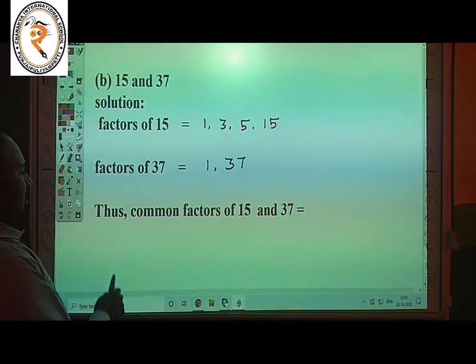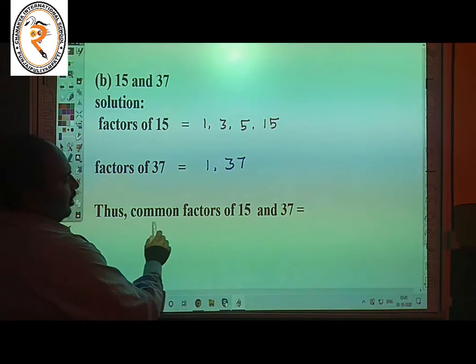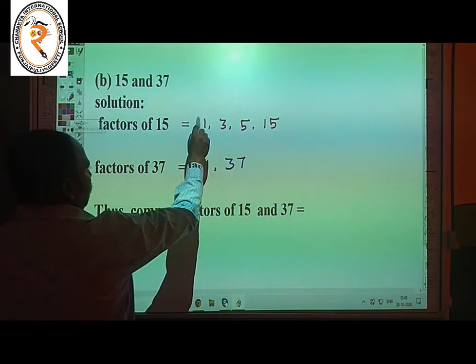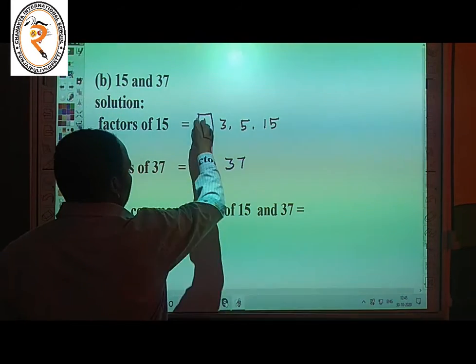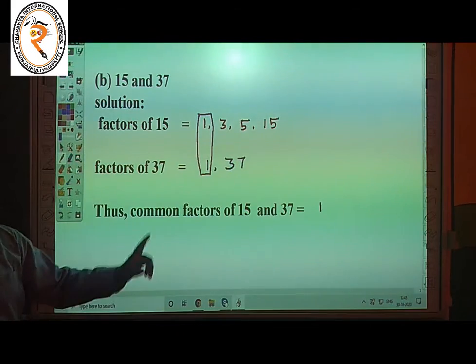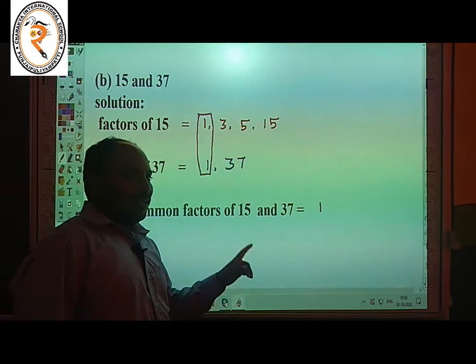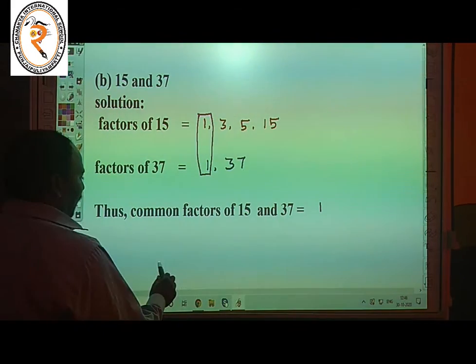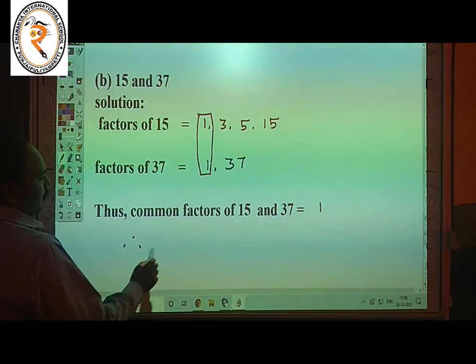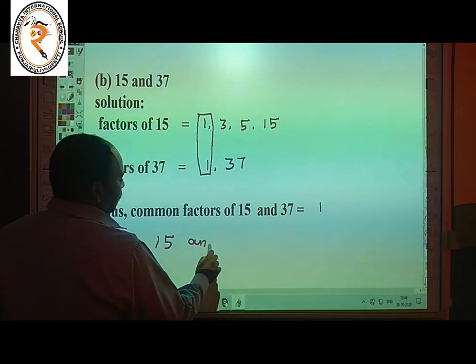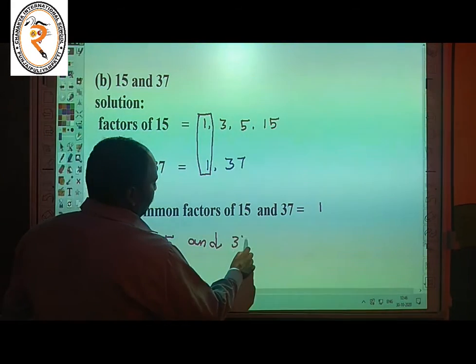Thus the common factor of 50 and 37 is 1. Only one number is common, so it is a co-prime. Therefore, the given numbers 50 and 37 are co-prime.